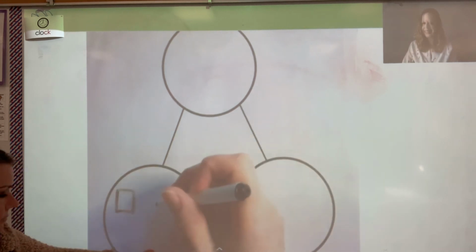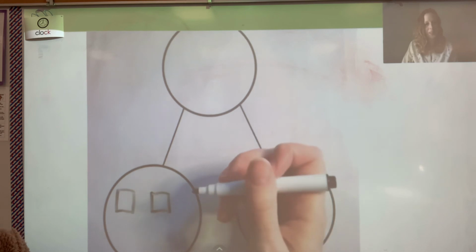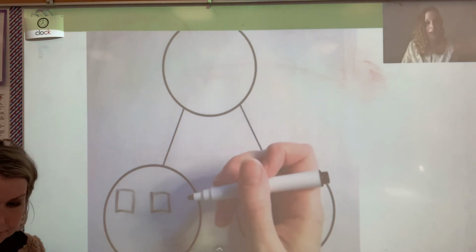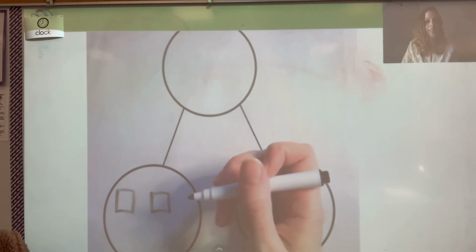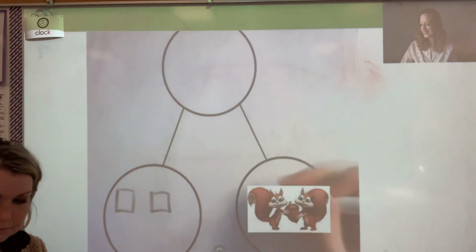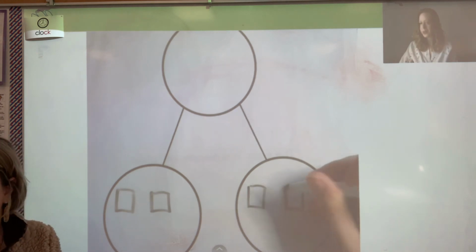One squirrel, 2 squirrels. In another hoop, the other part, draw squares to show the squirrels that join them. One squirrel, 2 squirrels.